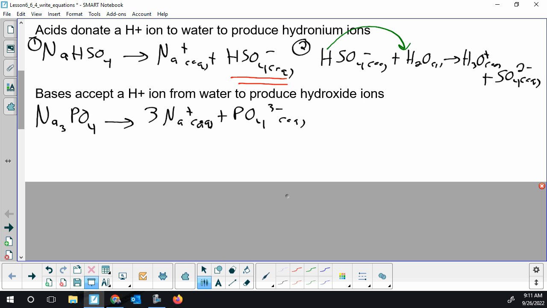Now, a lot of these equations are going to seem a little tricky because we're getting these ions you may not be used to. You're going to see these same ions showing up over and over again, and you've got an acid-base table in your Chem 20 data booklet. And you're just going to see these same chemicals over again. So phosphate in this acid-base table, you've got an acid column, a base column in your data booklet, and phosphate is way at the bottom of your Chem 20 booklet, PO4 3-.